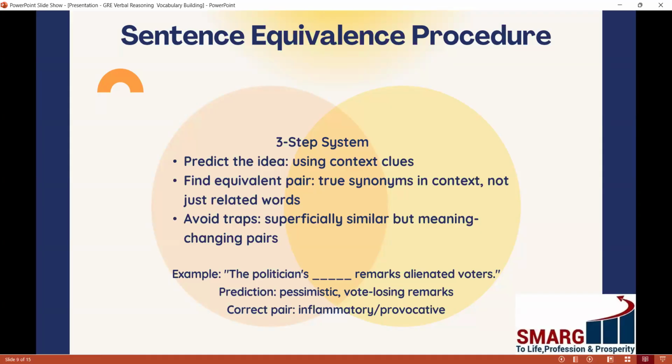So your pairs have to be perfect. Got it? यानी कि exact replacement है. If I replace A with B, nothing is changing in my sentence. That is the idea. Got it? Yes. All right.